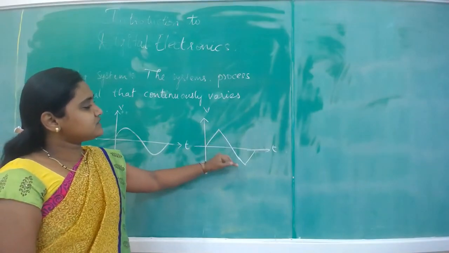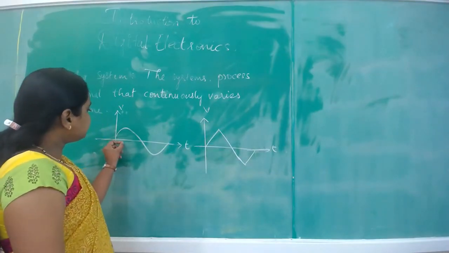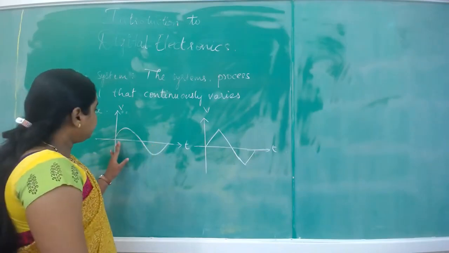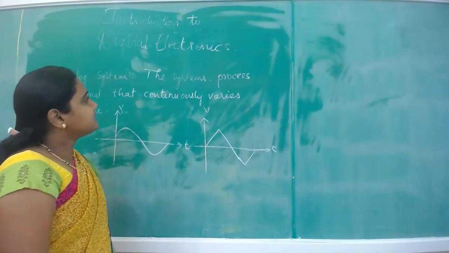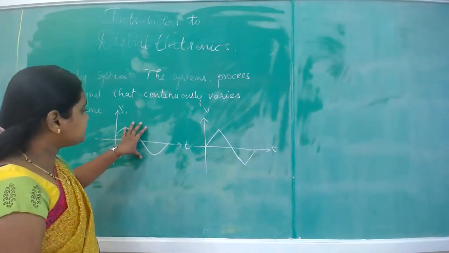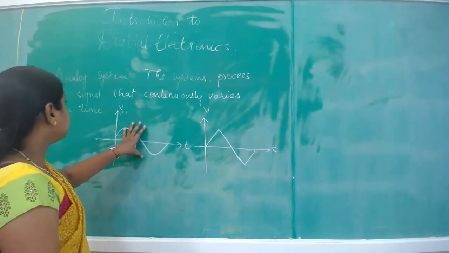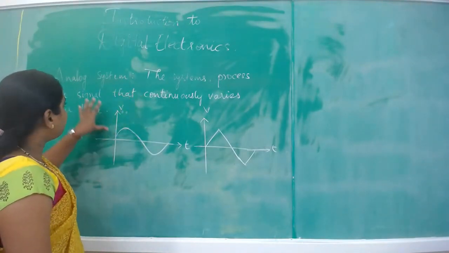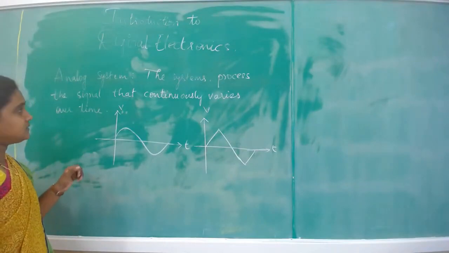For every instant of time, it will be having a different value, and it is continuously flowing. This type of signals are called analog signals, and the systems that process this type of continuously varying signals are called analog systems.